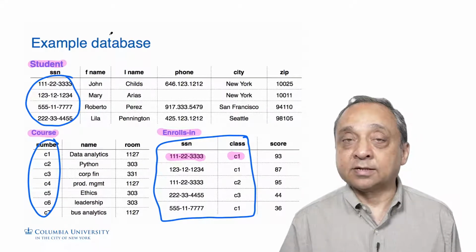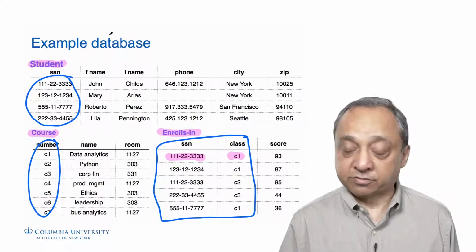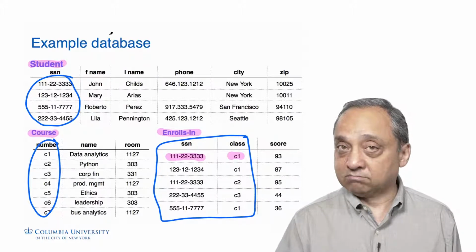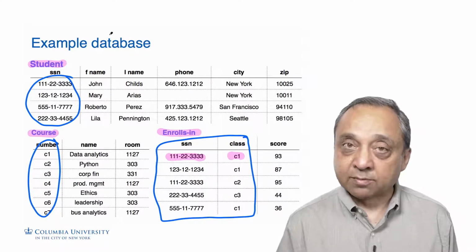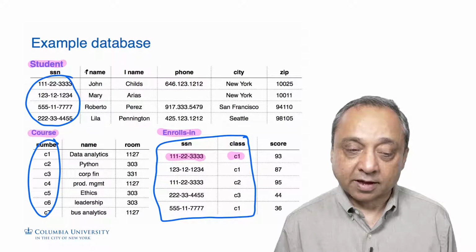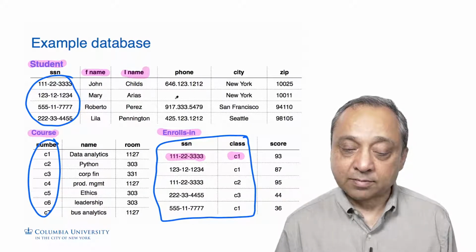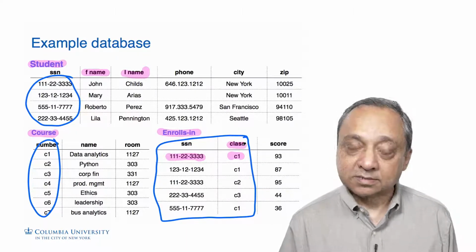So what we want to tell it is the structure of that table, and that structure of the table is our select list, right? The structure of our table that we want is the F name, the L name, first name, last name, and the class. So that becomes the start of our query.